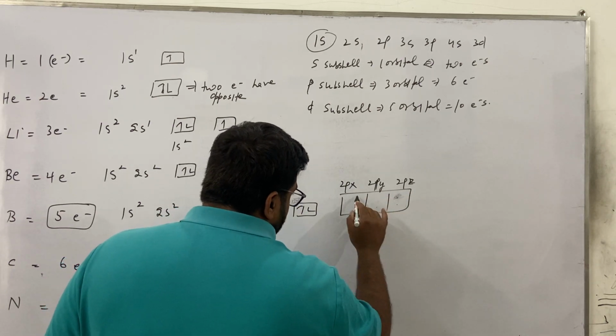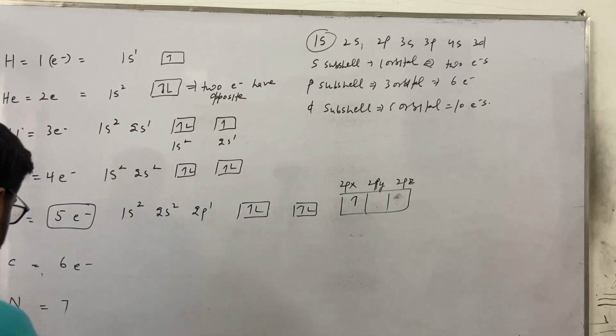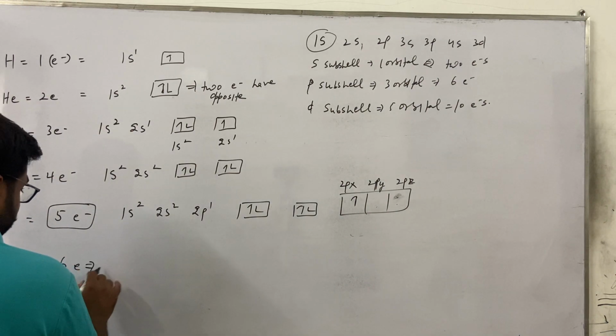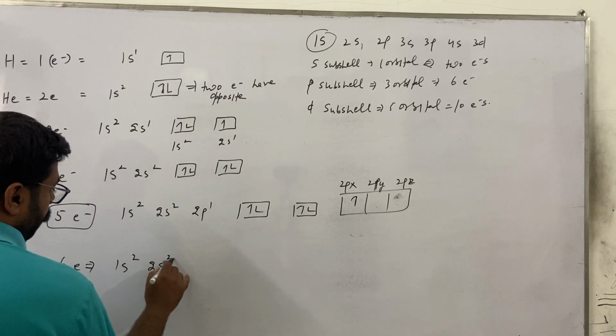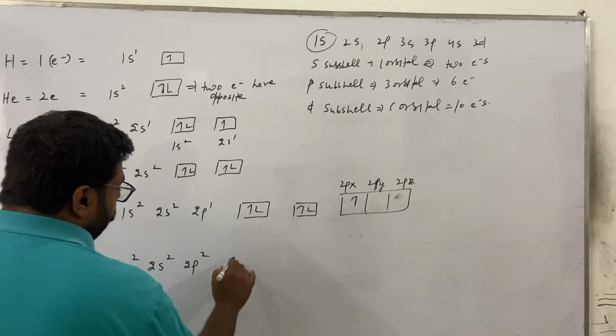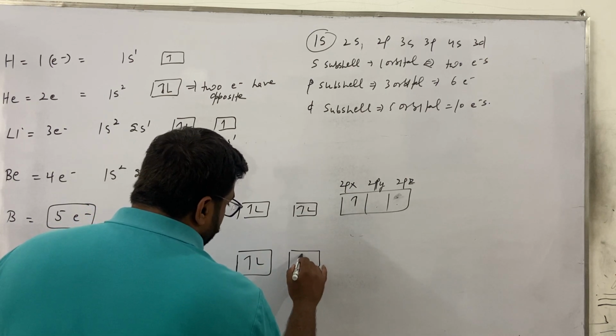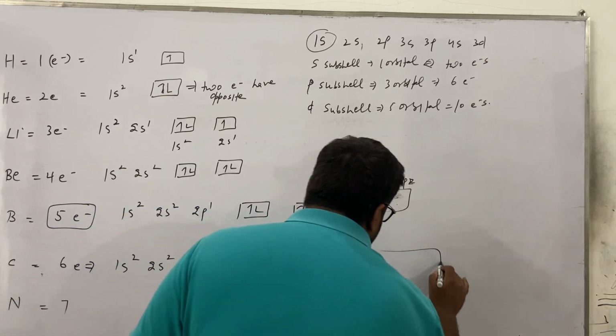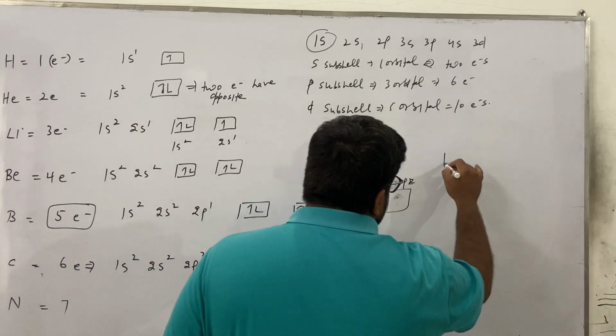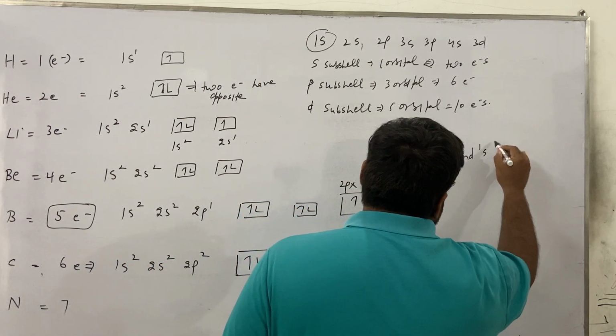But now in carbon there are 6 electrons, so that is why we can write it as 1s2, 2s2, and 2p2. That means in the 1s orbital there will be 2 electrons, in the 2s orbital there will be 2 electrons. Now there is a rule which states Hund's rule.